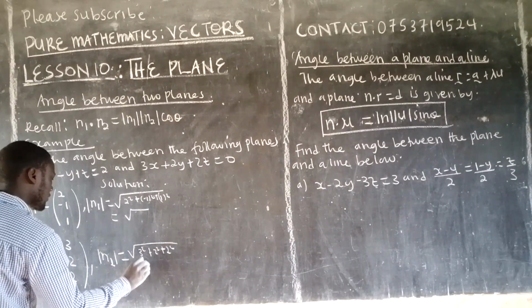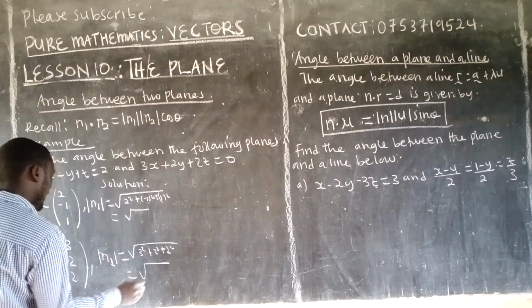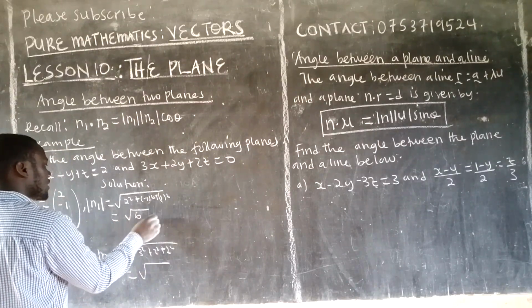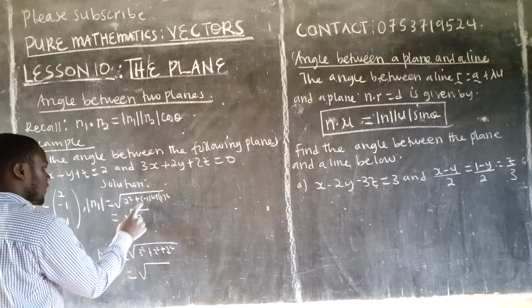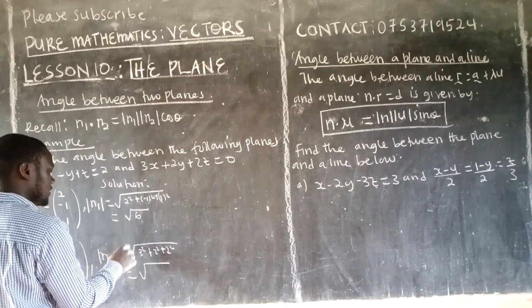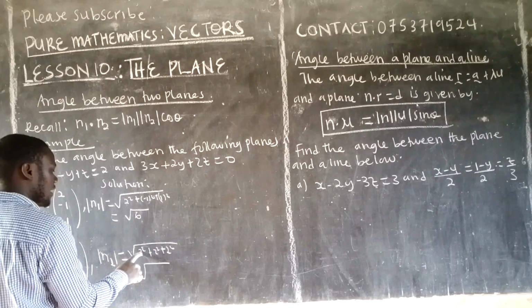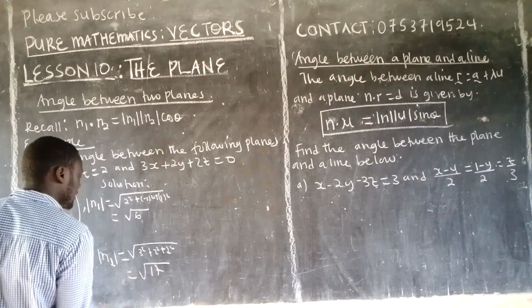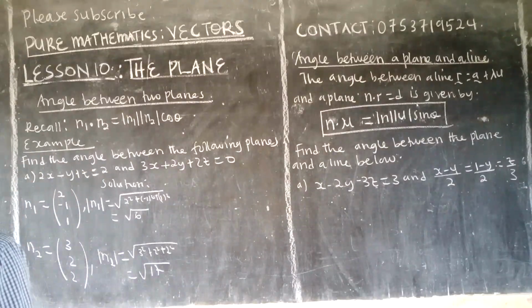Let's square: this is 4 plus 1 plus 1, which is 6. 3 squared is 9 plus 4 plus 4, that's 17, if I'm not mistaken.